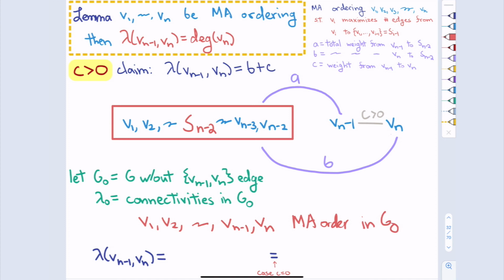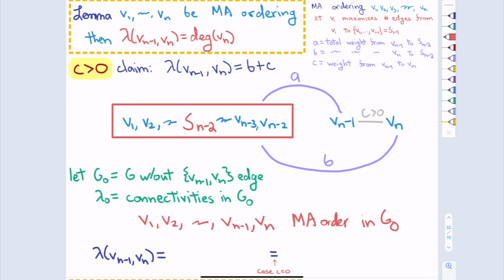Okay. That's important. So when I'm looking at the minimum Vn minus 1, Vn cut, and I delete an edge of weight 5 in between, that edge always had to be in the cut, right? You can't avoid any edge between these two things. So the cut will go down exactly by 5 in that case.